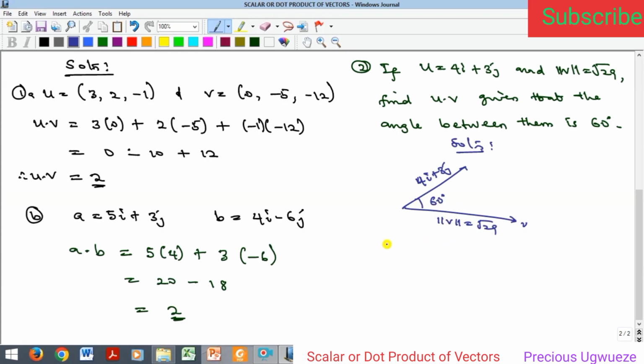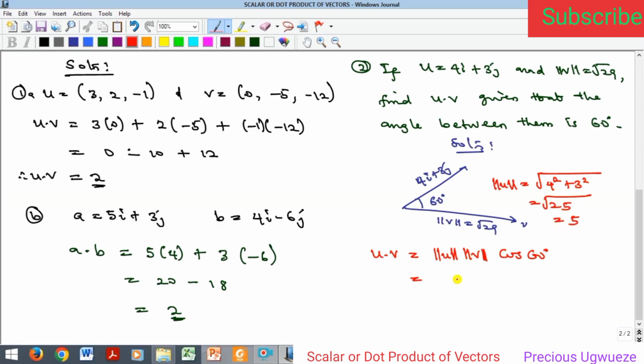Like what I said earlier on, all you need to do is to have that u dot v is simply equal to the magnitude of u times the magnitude of v, then cos 60 degrees. We already have the magnitude of v, and we are only looking for the magnitude of u, and the magnitude of u is the square root of 4 squared plus 3 squared, which is the square root of 16 plus 9, that's 25, and so this is 5.